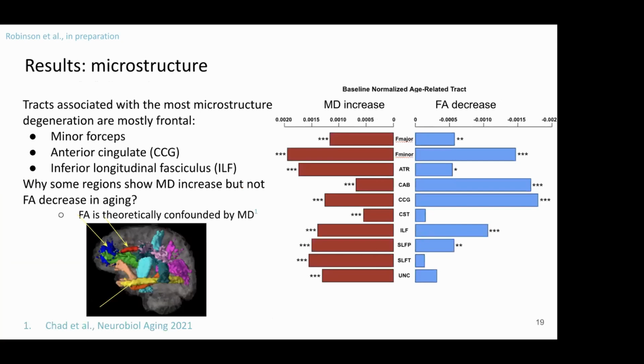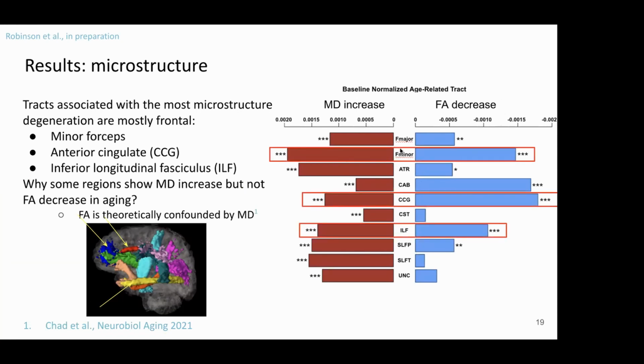In terms of microstructure, the same comparison is made where you have mean diffusivity increasing and FA decreasing, both indicating degeneration. While these two do not increase or decrease at the same rates, these are again percentages, they do roughly mirror each other, in that structures demonstrating more diffusivity increase also demonstrate more FA decrease.